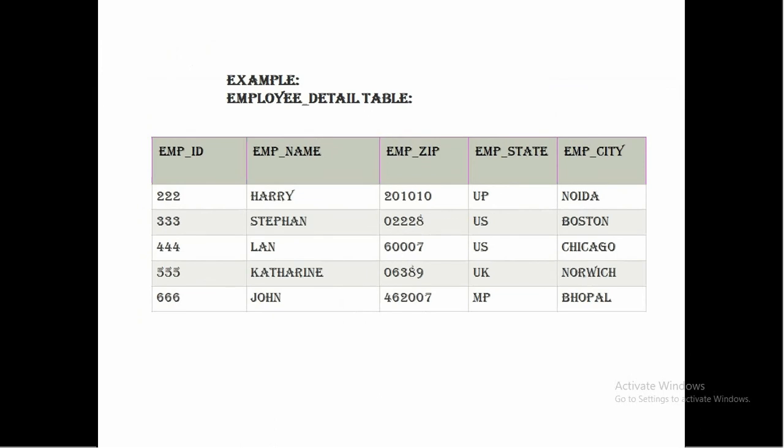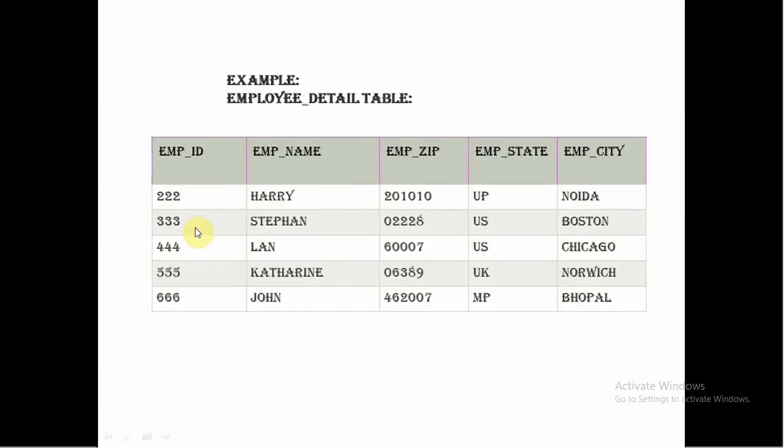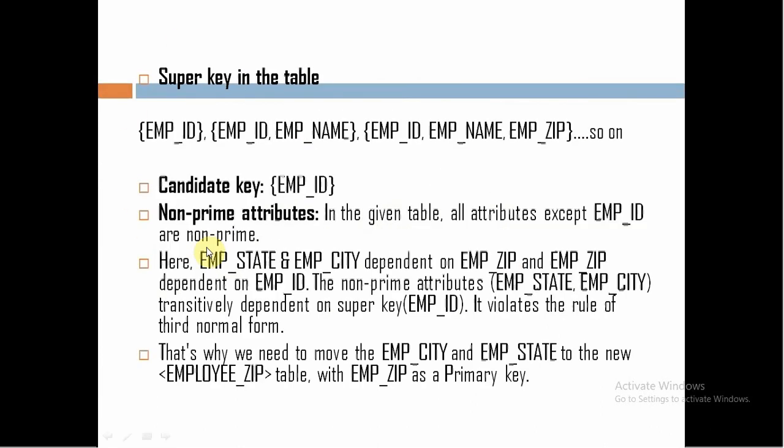Employee detail table contains 5 attributes: employee ID, employee name, employee ZIP, employee state and employee city. Here, the candidate key is employee ID and the super keys are employee ID, employee ID with employee name, employee ID with employee name and employee ZIP, and so on. Non-prime attributes in the given table are all attributes except employee ID.